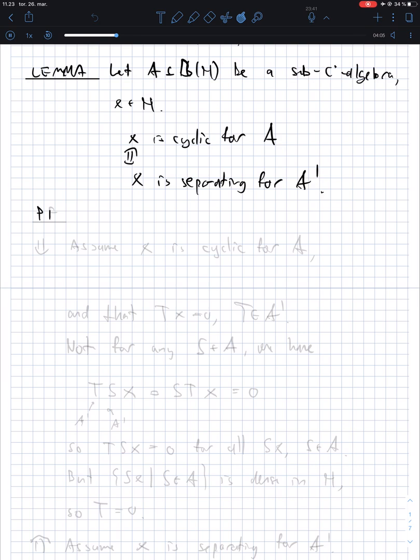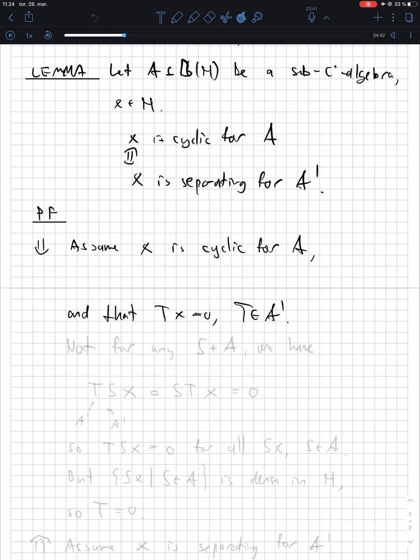So to prove this, let's go from the top to the bottom. So assume X is cyclic for A, and that Tx is 0 with T in A prime, right?